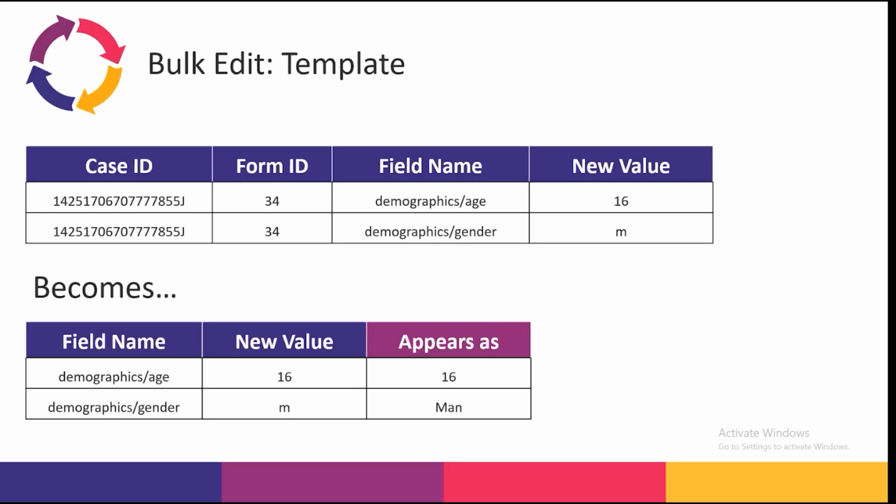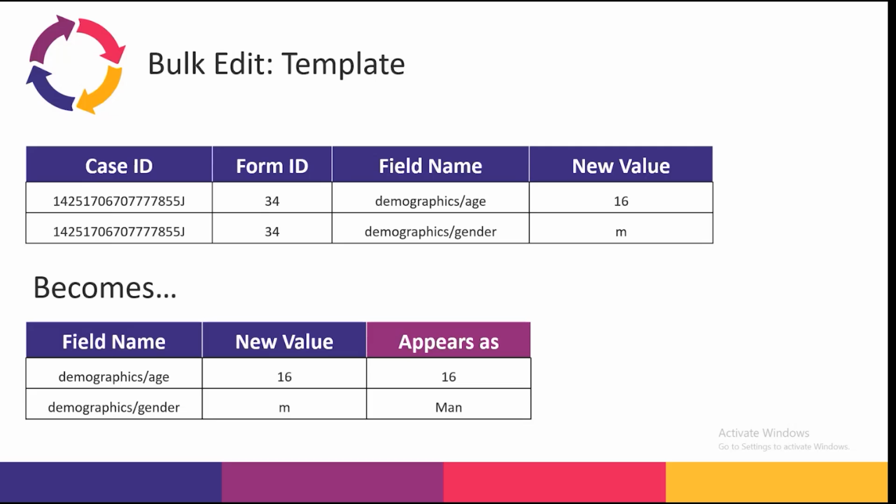The next one is demographics gender. You want the new value to be M. And that's essentially because demographics gender will probably be a field or a question in COBOL, which will say, what is the gender of this participant, let's say. And you have an option of male or female.